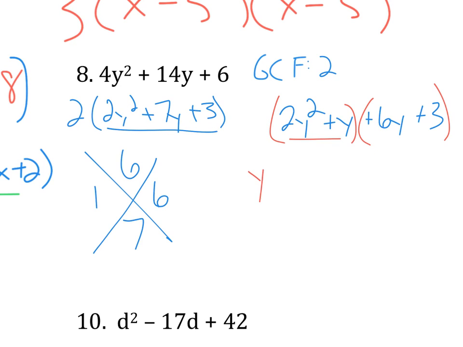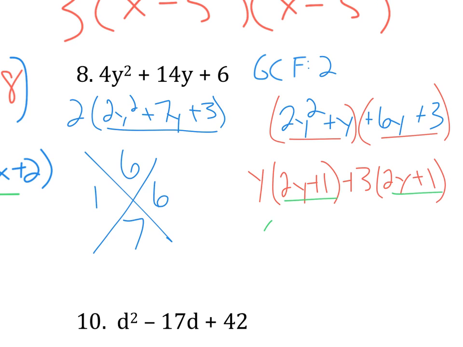Here we have just a y in common, so that gives us 2y plus 1. Here we have a 3 in common. That gives us 2y plus 1. There's our 2y plus 1 that is in common, so we can factor that out. And then we're left with y plus 3.